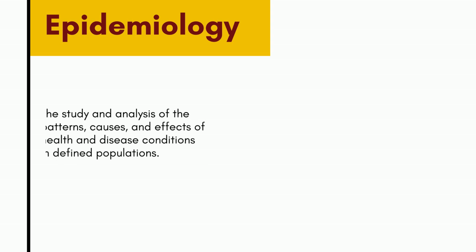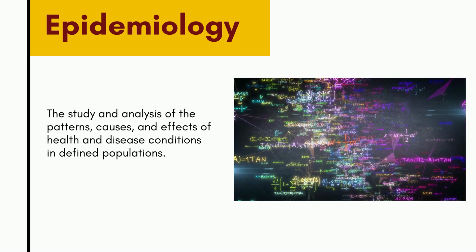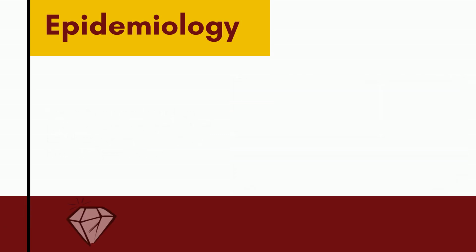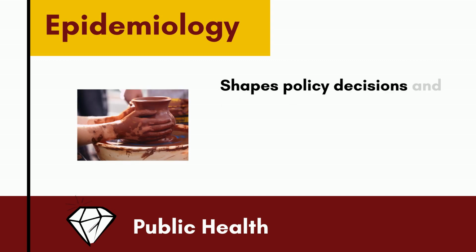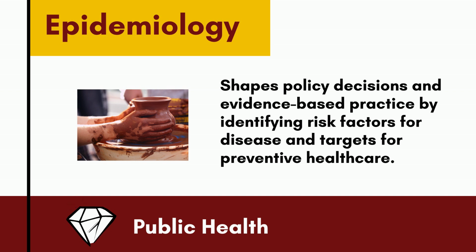In other words, epidemiology is the study and analysis of the patterns, causes, and effects of health and disease conditions in defined populations. It is the cornerstone of public health and shapes policy decisions and evidence-based practice by identifying risk factors for disease and targets for preventative health care.